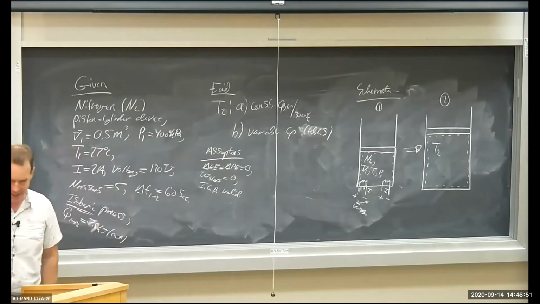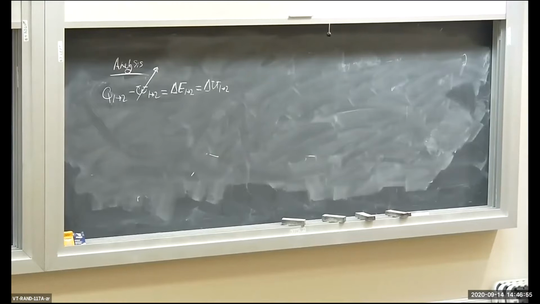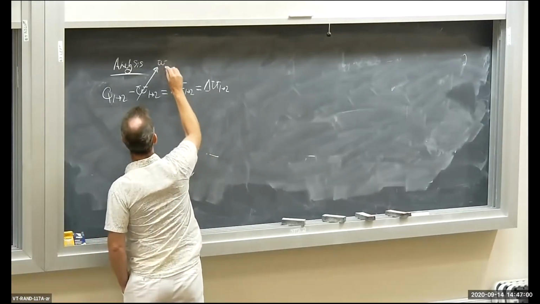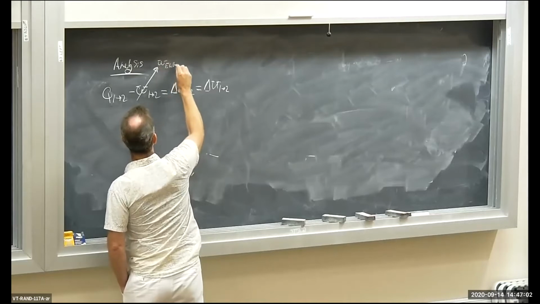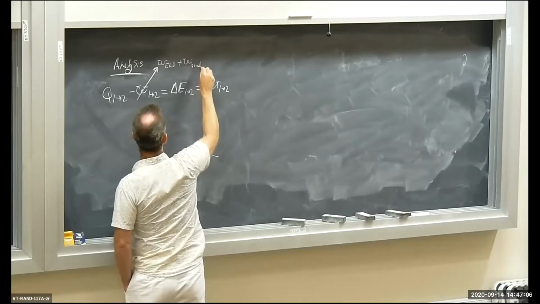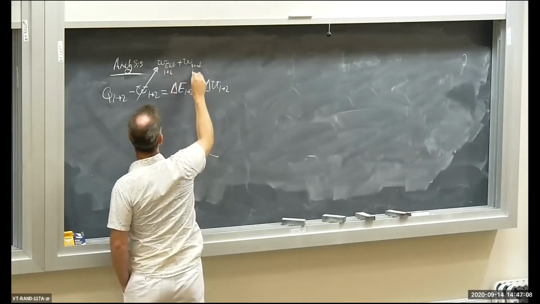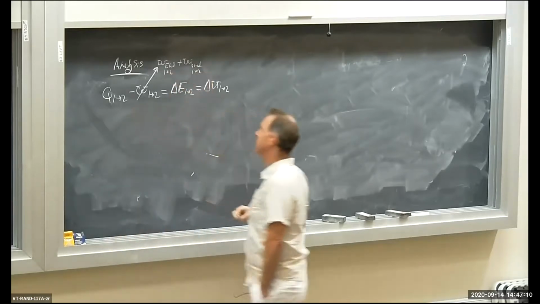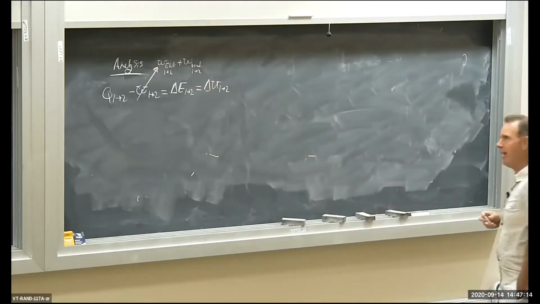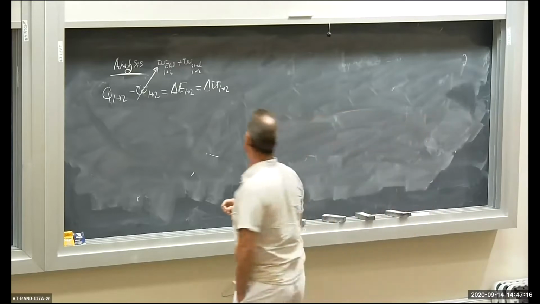It's going to expand. So I have some boundary work and I have some electric work. So W electric and W boundary, from 1 to 2. Now let's figure out what this electric and boundary work is.